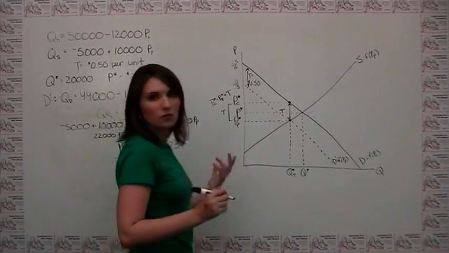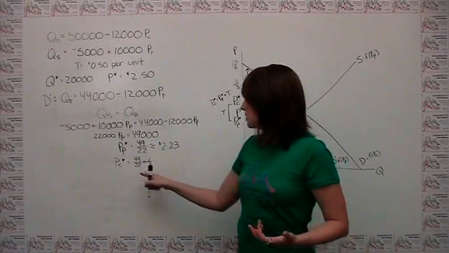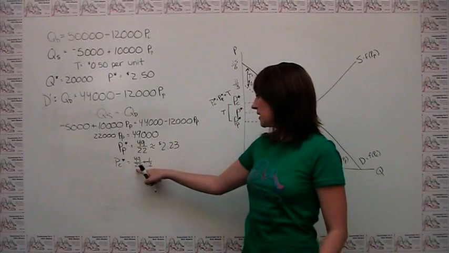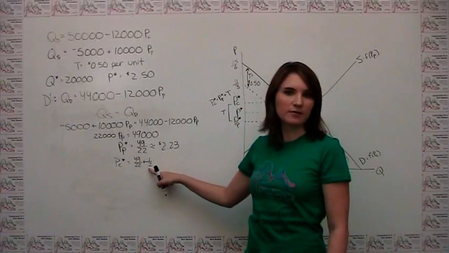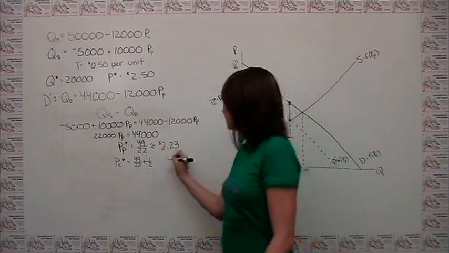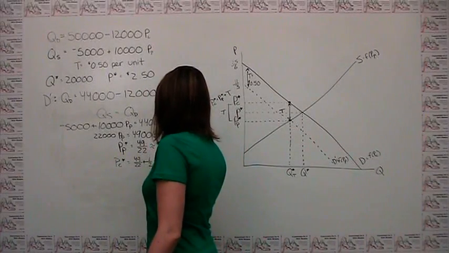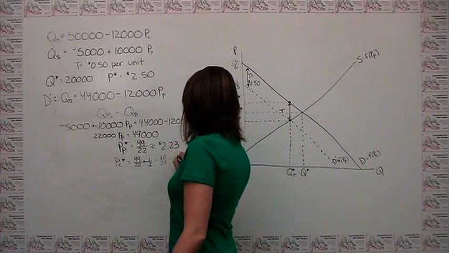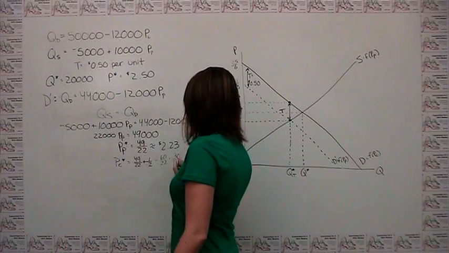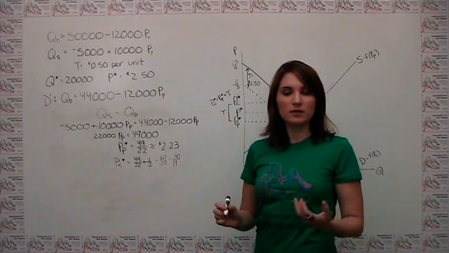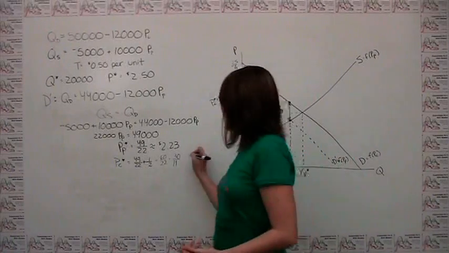So here we could just say that P sub C star is just equal to 49 over 22 plus 50 cents, or 1/2. So playing around with some fractions here, say, well, this is 49 over 22 plus 11 over 22. So 49 plus 11 is 60. So this is equal to 60 over 22, which is, in fact, 30 over 11, which is exactly what we got when we put the tax on the producer.